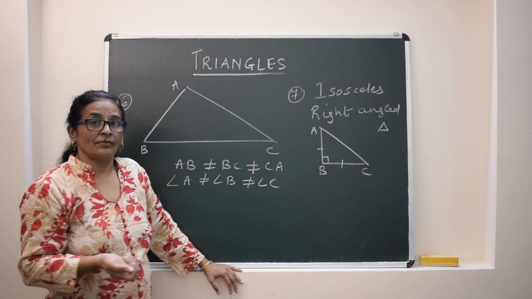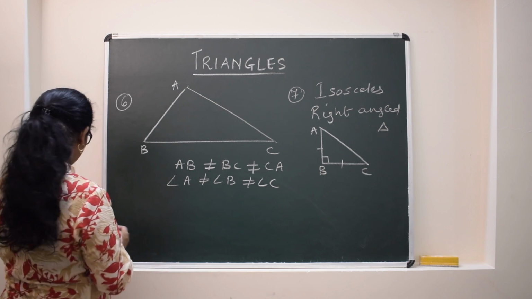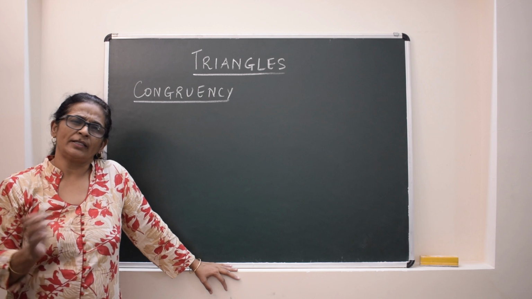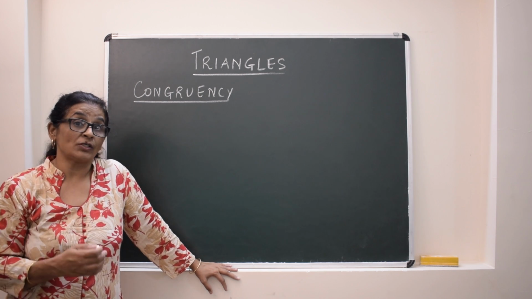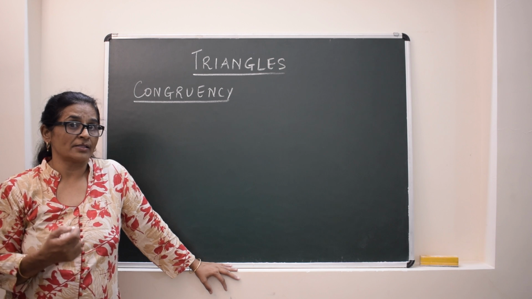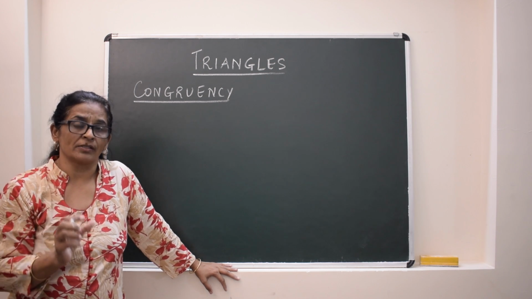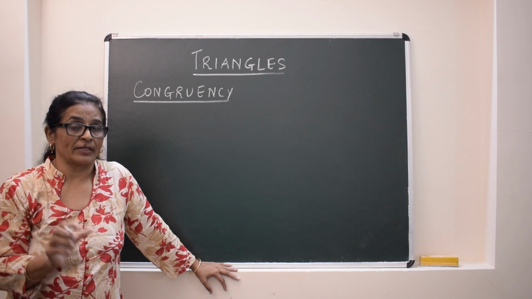So next, we will say what is the meaning of congruency. If there are two line segments, two angles, or any two types of figures, two circles, two squares, there are different ways to see the congruency. So first we'll understand what is the meaning of congruency. Congruency means any two figures or more than two, if they are equal in all aspects.